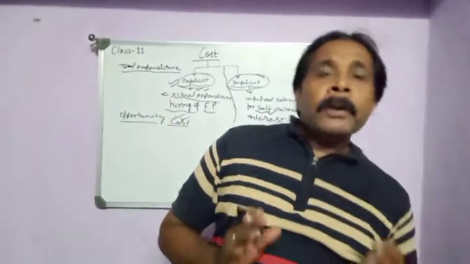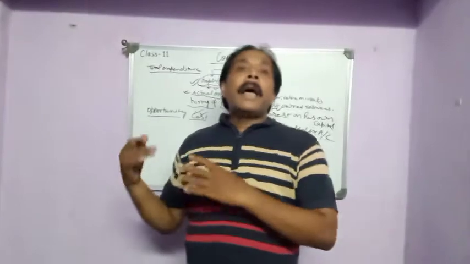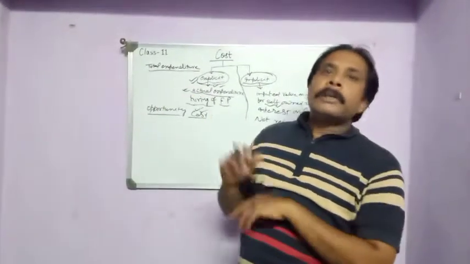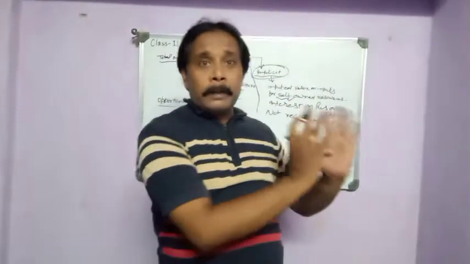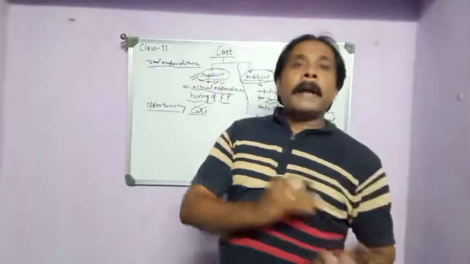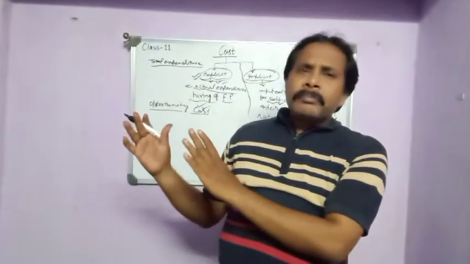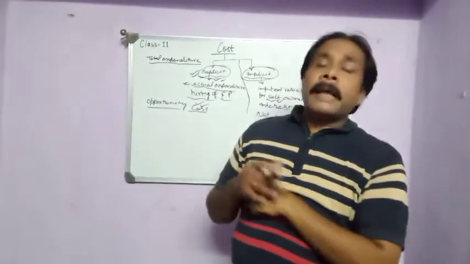Is it clear? Now I got a chance to work in an international school where my salary is, suppose, 70,000. So I am ready to leave my present job and ready to join the other job which provides 70,000 as a salary.